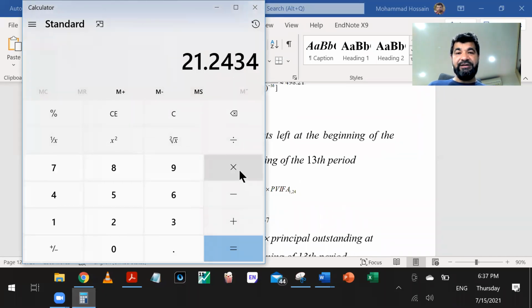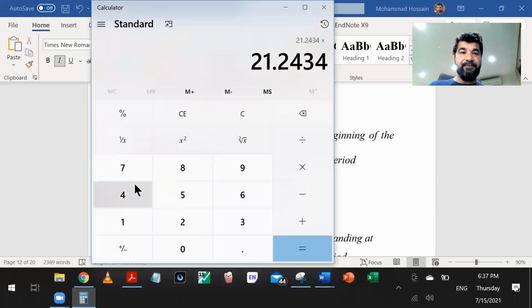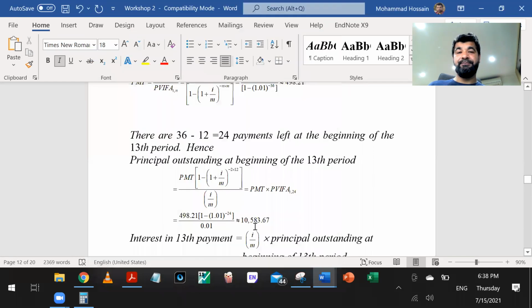This multiplied by the payment, 498.21. The answer is 10,583.67. Make sense?